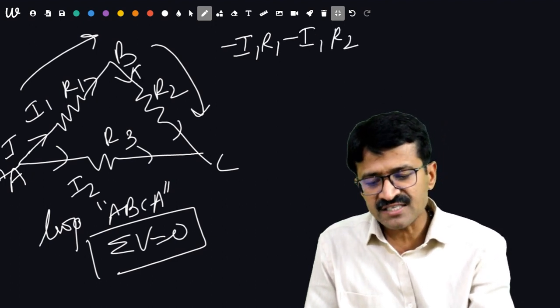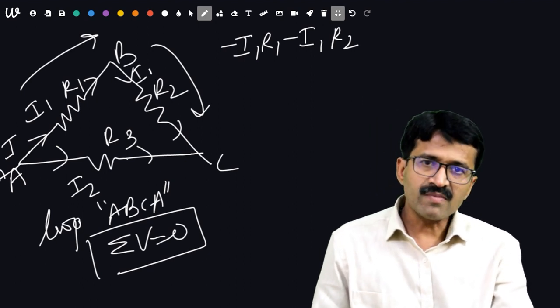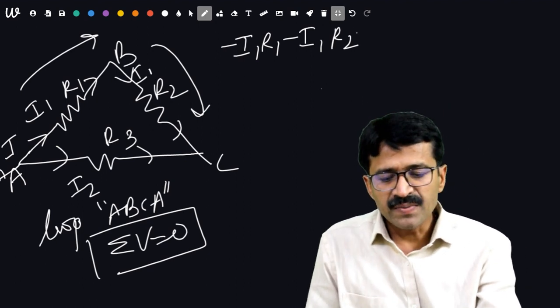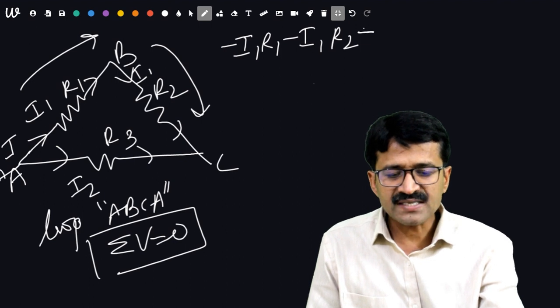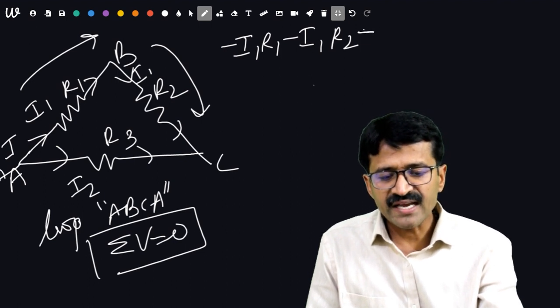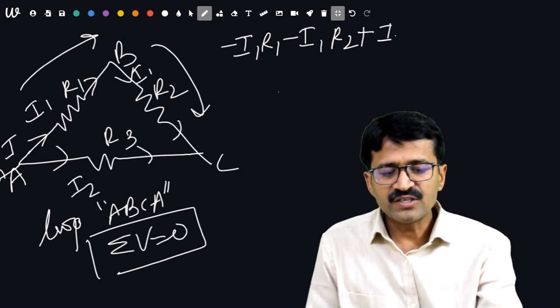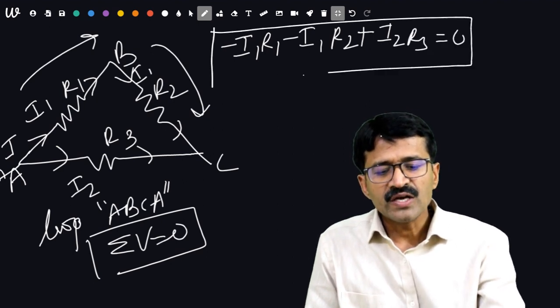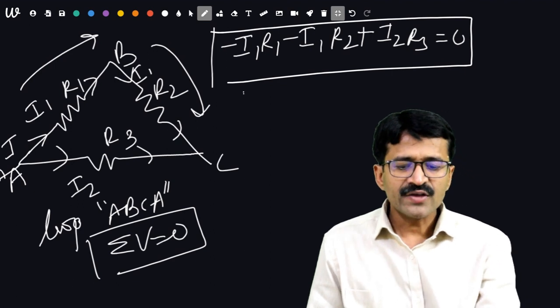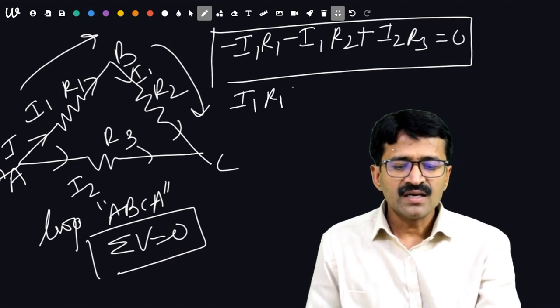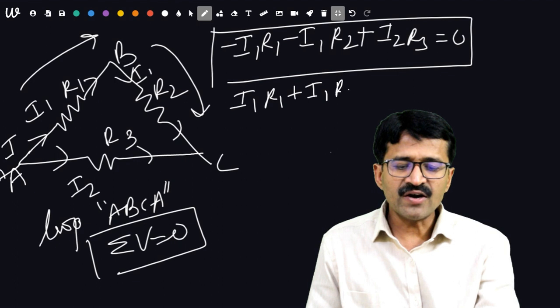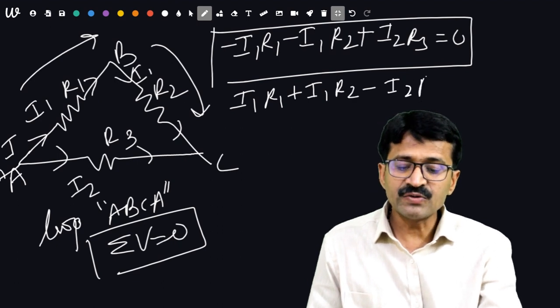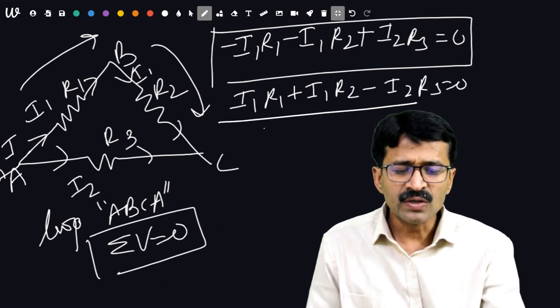This current is I1 still, but when we are moving away, then this will be opposite. So a plus sign will be there, and this term will be I2 R3, is equal to 0. You can take the negative sign common. You will have I1 R1 plus I1 R2 minus I2 R3 is equal to 0.